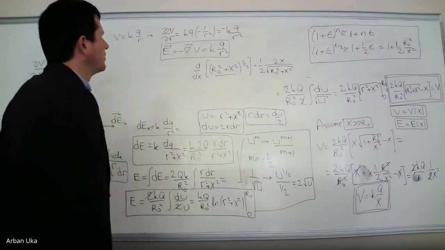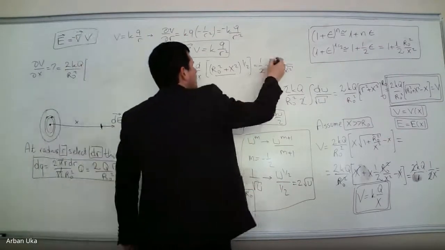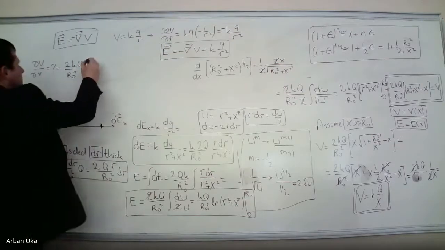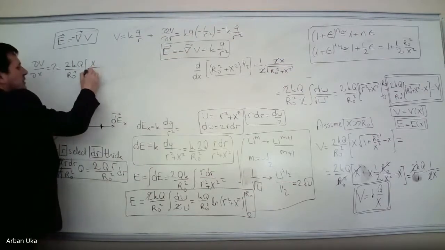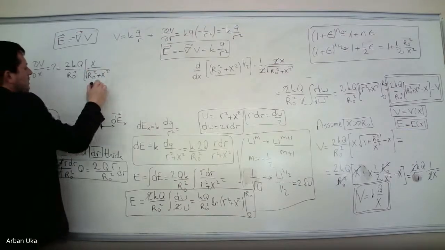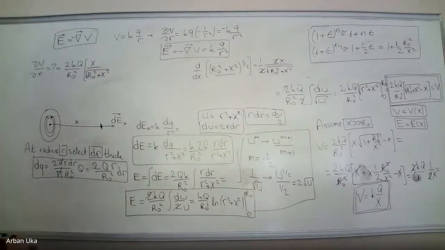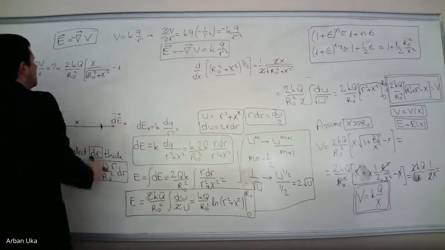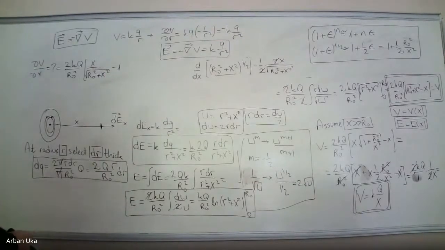If this is wrong, please correct me. But these twos, they cancel out. And here, we're going to have the following. Times x divided by r0 squared plus x squared. Okay, this is what we have here. And then minus 1. Wait a second, minus 1. Yes, that's what we obtain.